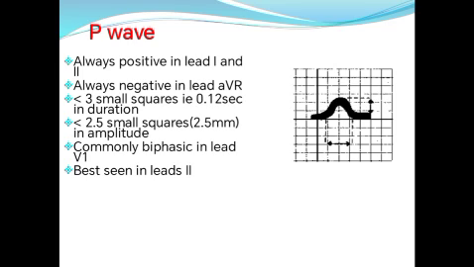It is less than 2.5 millimeter in amplitude, and the duration is less than 3 small squares. It could be biphasic in V1, commonly biphasic in V1, and best seen in lead 2. This is the morphology. What is the morphology? It is length, amplitude, and shape.